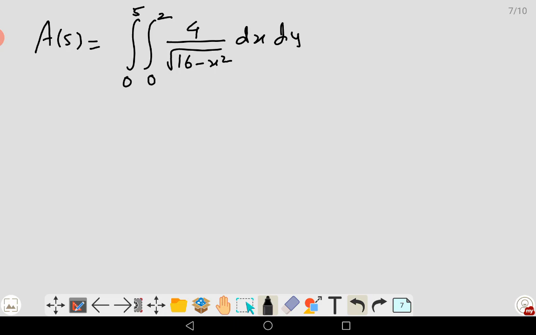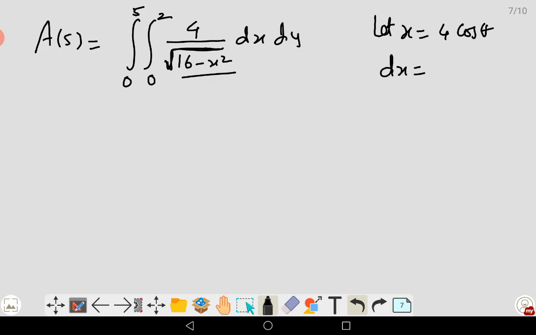Before that we should use the trigonometric substitution method to integrate this inner integration, right? We will do that one. So let x is equal to 4 cosine theta. Refer back to the concept of trigonometric substitution that we have studied in first year. X is equal to 4 cosine theta. So what happens when you take x is equal to 4 cosine theta?